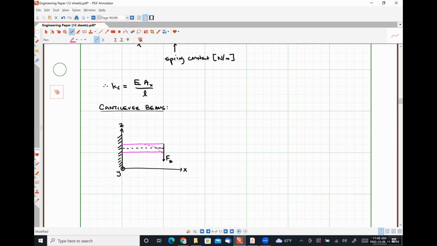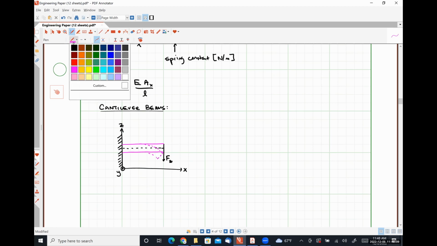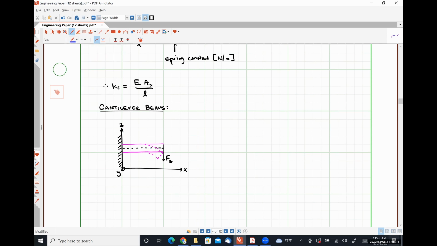I'm exaggerating this a lot, like so, where this Z here represents the amount of displacement the tip of the beam has undergone.